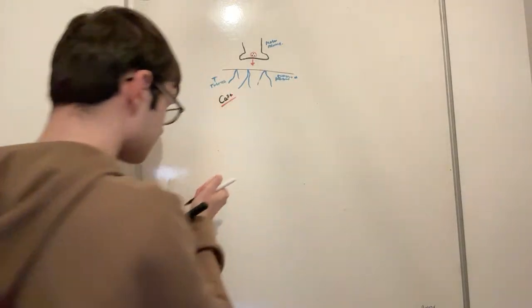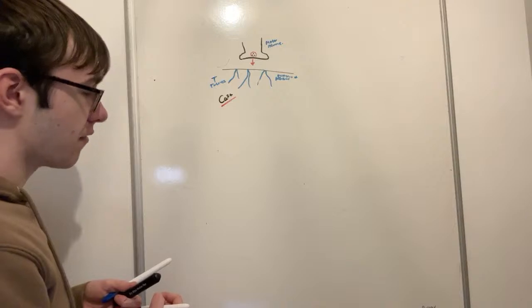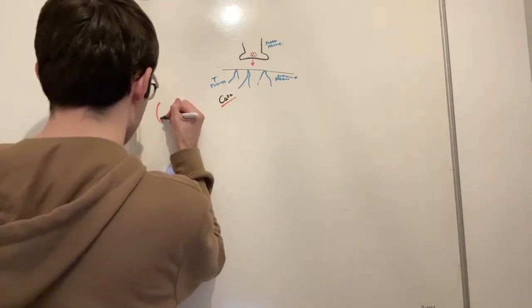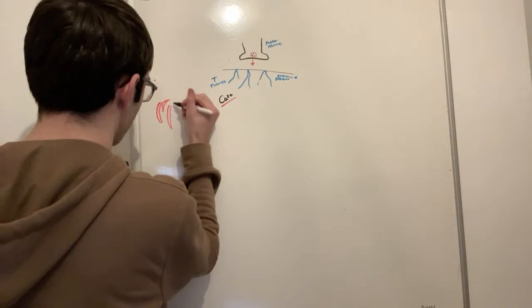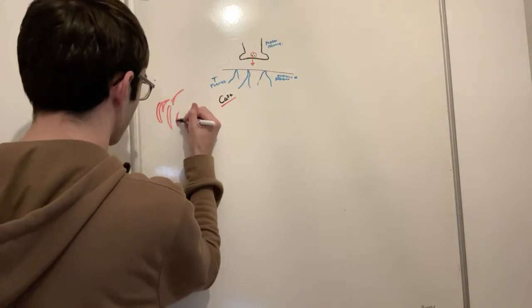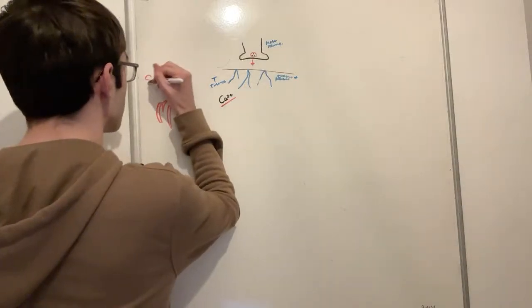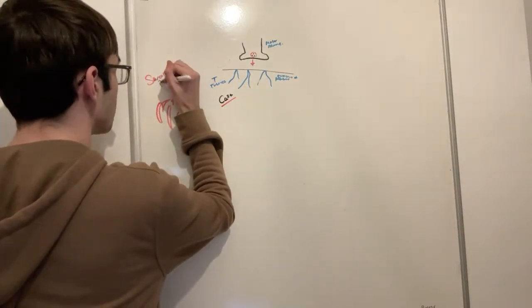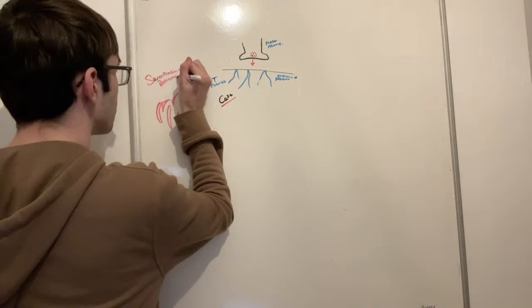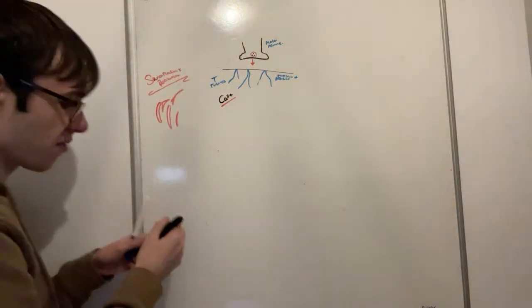Now, the specification of these is that they are released because there is the sarcoplasmic reticulum, which I'm going to draw like that because that's how the RER looks. This is the sarcoplasmic reticulum, and this is what stores the Ca2+ ions.